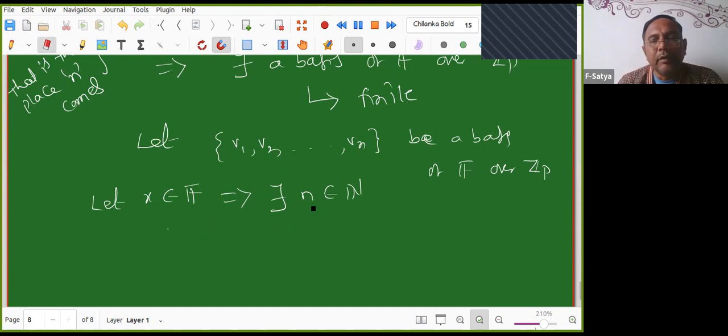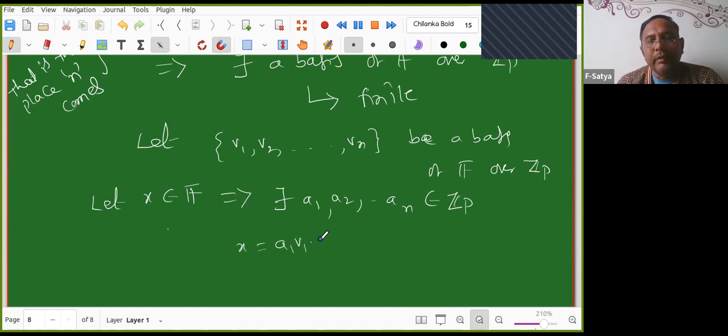If the basis is infinite, then I take a finite subset, but here the basis is already finite, so I do not worry about that. Directly I can take: there exist a1, a2, ..., an belonging to ZP such that x equals a1 v1 plus a2 v2 plus and so on plus an vn. Is it okay?